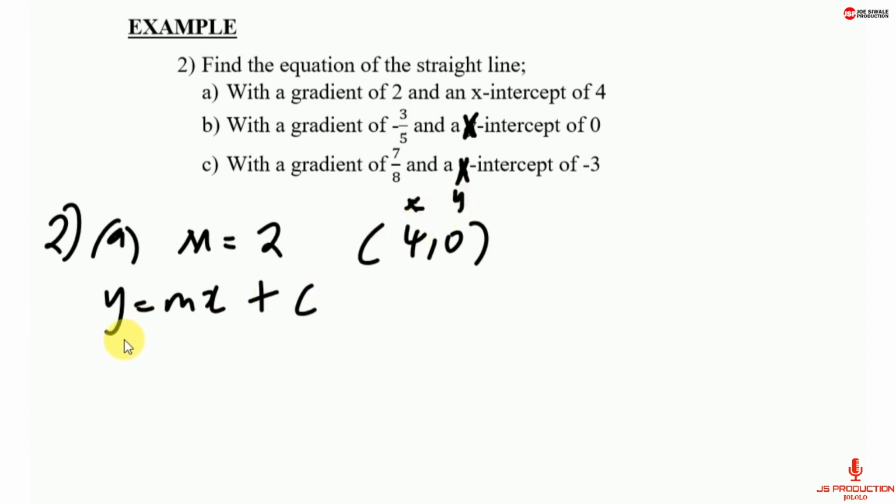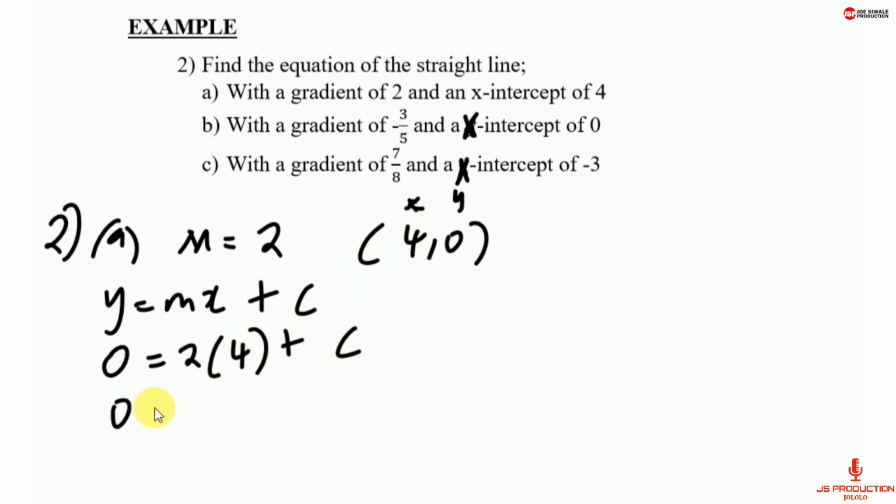So y we know that's 0, so 0 is equal to m that's 2, open bracket, we know that our x that's 4, plus c.